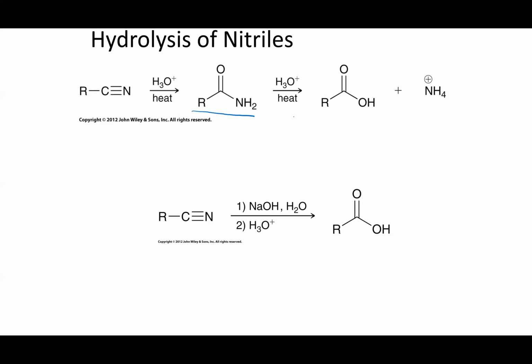And then the rest of the mechanism will be the acid catalyzed hydrolysis of the amide that we've talked about previously. But let's look at the acid catalyzed hydrolysis of the nitrile. Again, I don't think you will be too surprised at what the first step is. We have our hydronium ion. We're going to have a proton transfer.